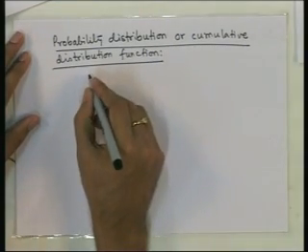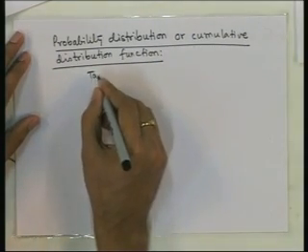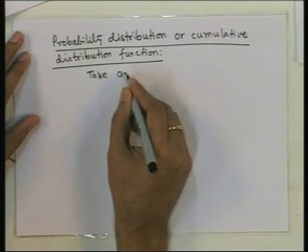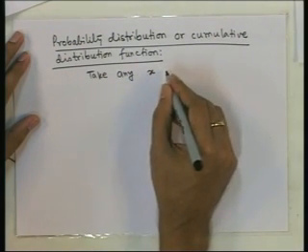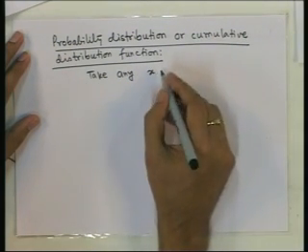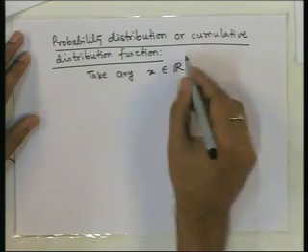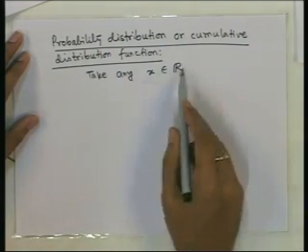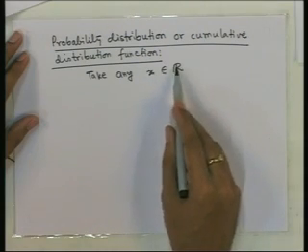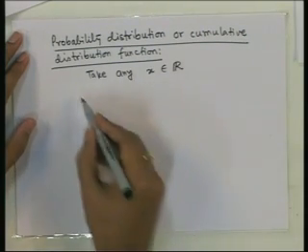So, it is basically for any x, take any x which is a real number. We denote the set of real numbers by this symbol, that is the real line. Then take any real number x which belongs to this set.